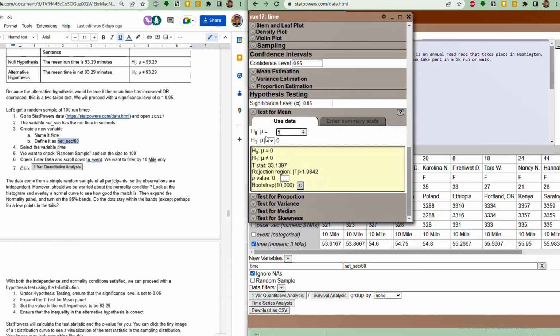You're going to be putting in 93.29 as your null time to finish in minutes. We're seeing if there's evidence that it's changed. And when I run it with my sample of 100, I do have evidence that it's changed. 0.0173 is my p-value. I have a negative t-statistic, which tells me that my sample mean is lower than this null mean.